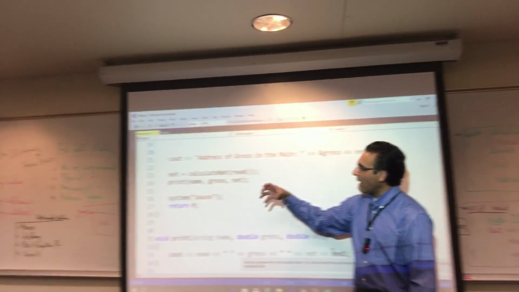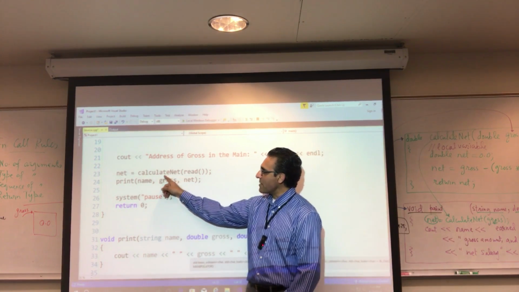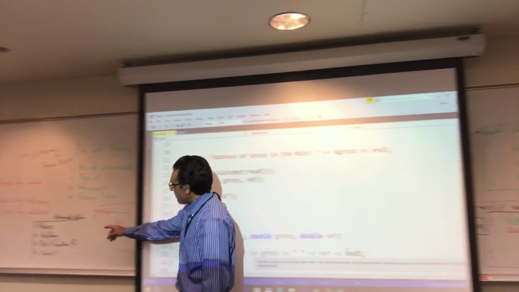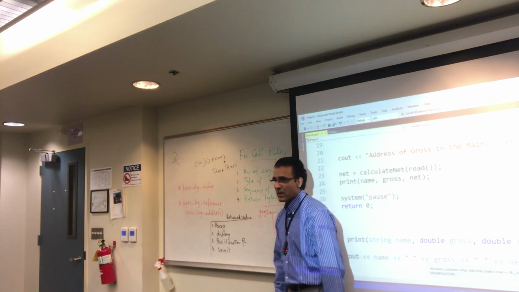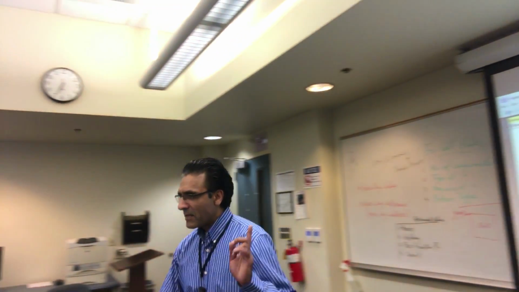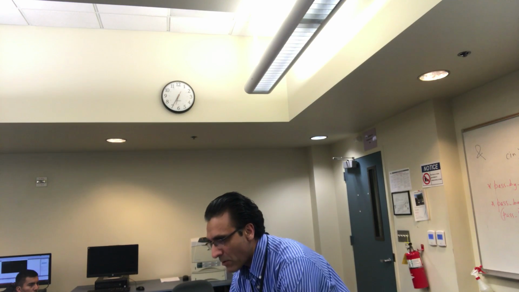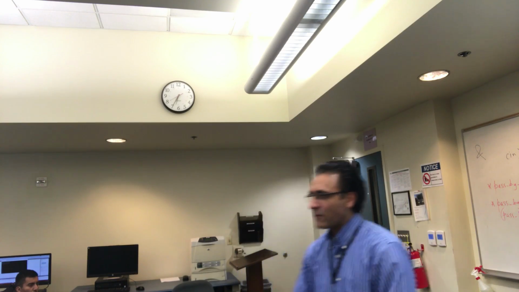So now this read function has a local copy of gross. It's going to return the gross back to me. I'll immediately pass it on to calculate net salary, which we earlier mentioned right here, number 3. Pass it on to another function. Now it's still telling me there's an issue, and the issue is my prototype doesn't match. So we resolve that issue. So hopefully that will work.